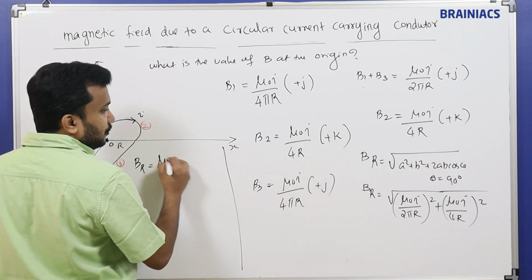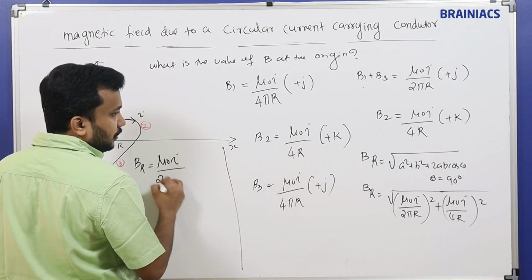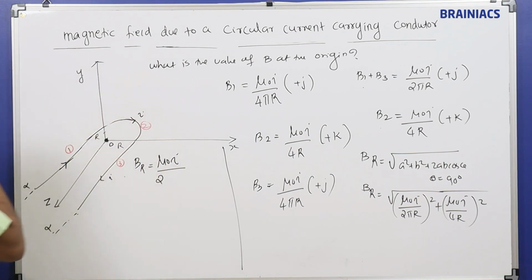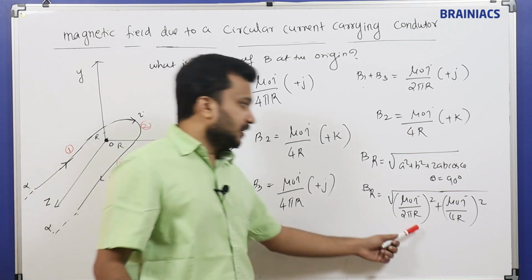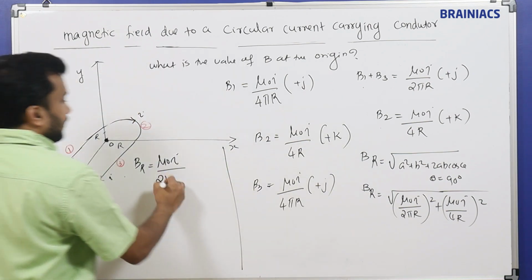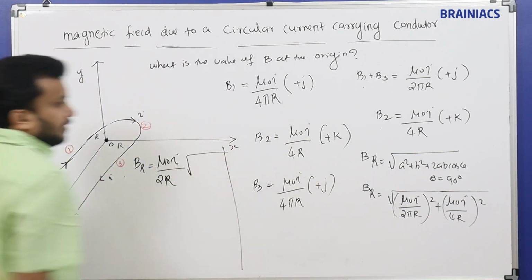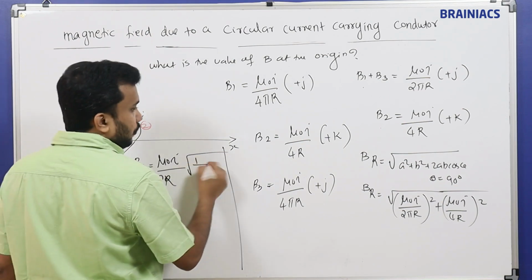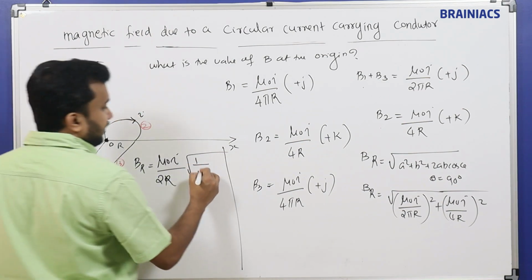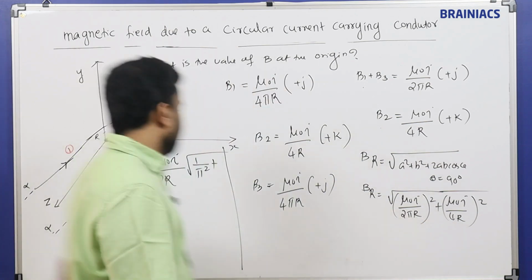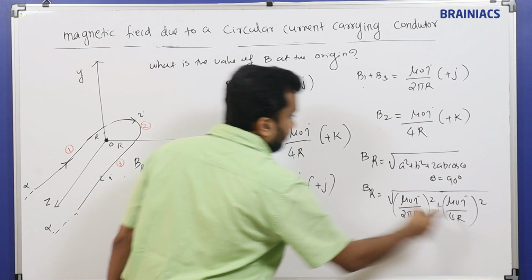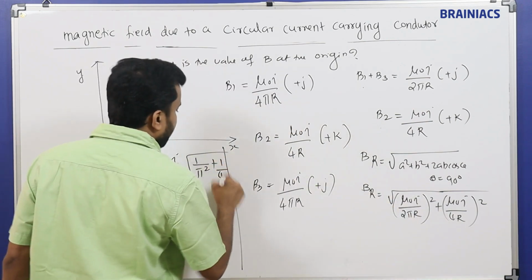So I can take μ0 I constant outside, 2 outside, and R outside. What comes in the bracket? 1 by π squared plus, with μ0 I by R outside, what will be there in the balance? 1 by 2. 1 by 2 the square is 1 by 4.